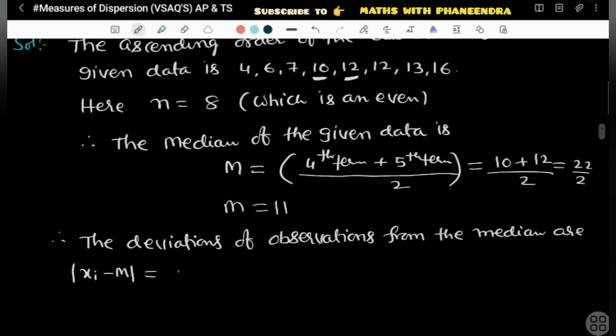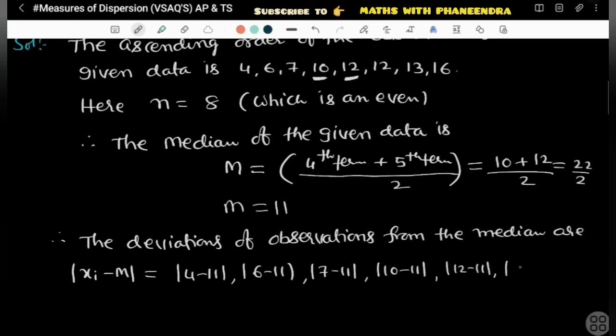One by one we will write it. Mod 4 minus 11, mod 6 minus 11, mod 7 minus 11, mod 10 minus 11, mod 12 minus 11, mod 12 minus 11, mod 13 minus 11, mod 16 minus 11.